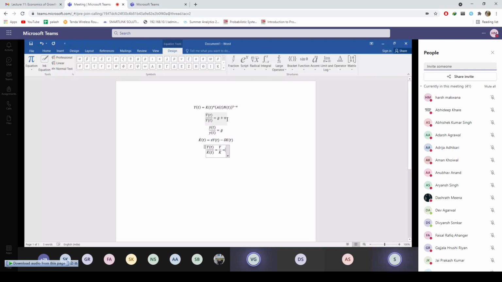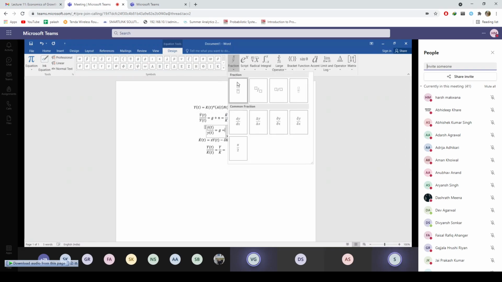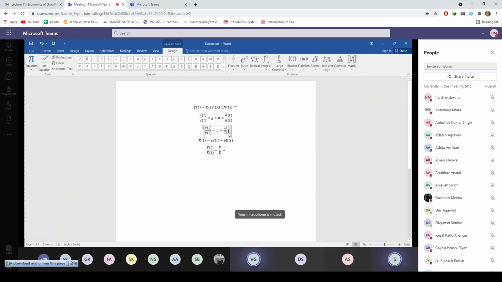Remember, along the balanced growth path, this is exactly equal to this. And along the balanced growth path, this is equal to this, plus G by S.